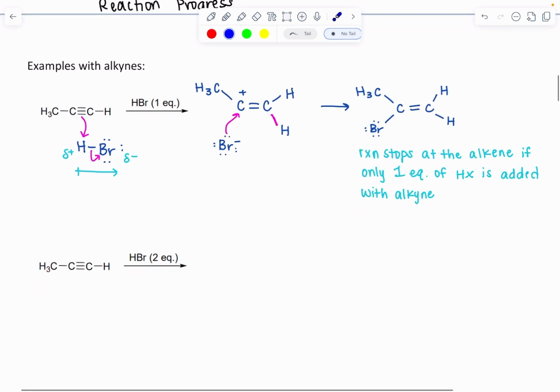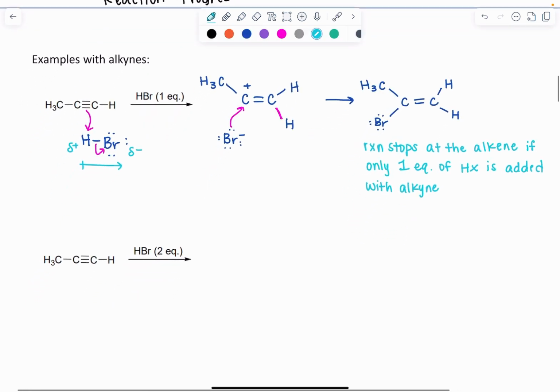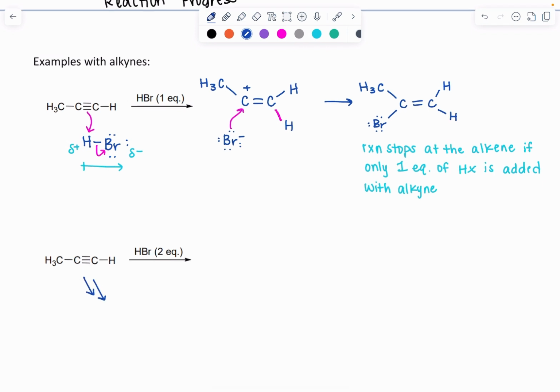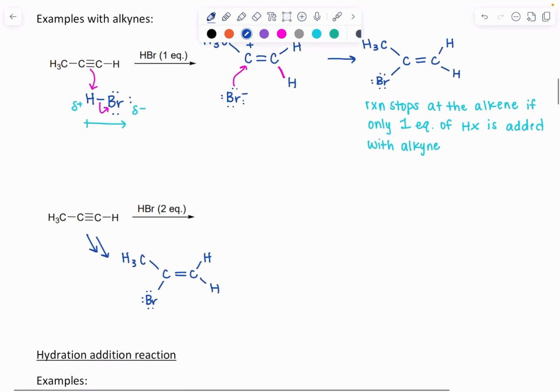I'm not going to redraw this mechanism, but I'm going to draw a couple of arrows to show multiple steps. First, this would form that alkene that we drew above. Then this would react again with HBr.